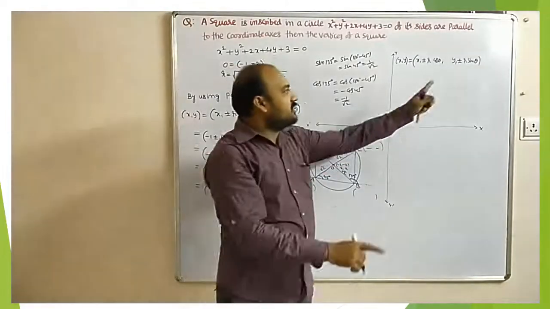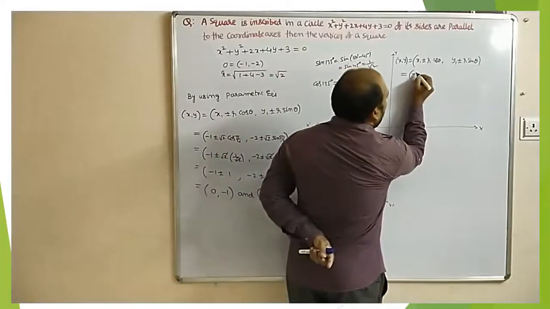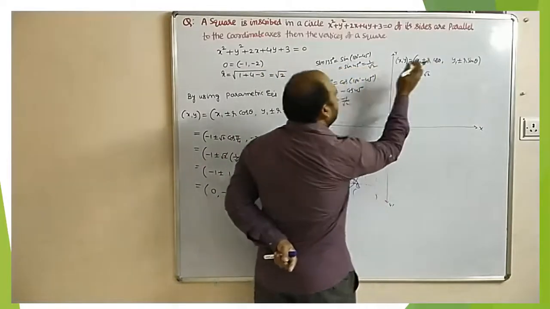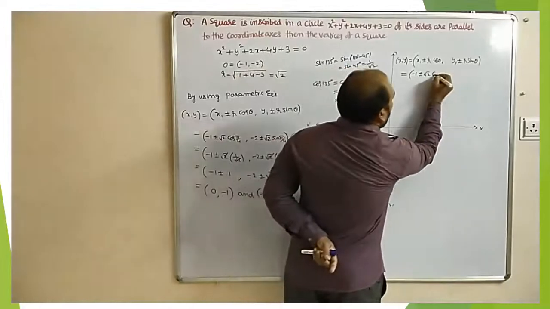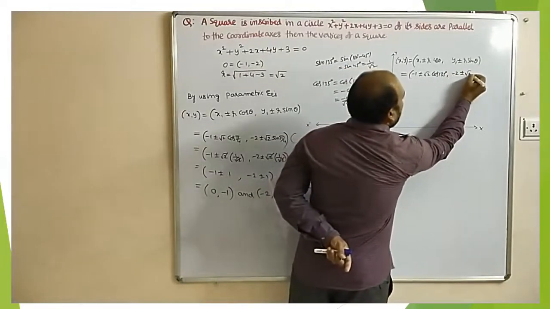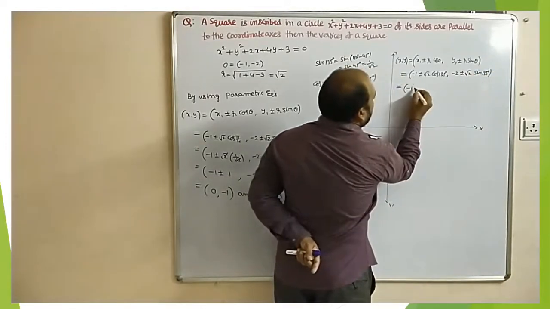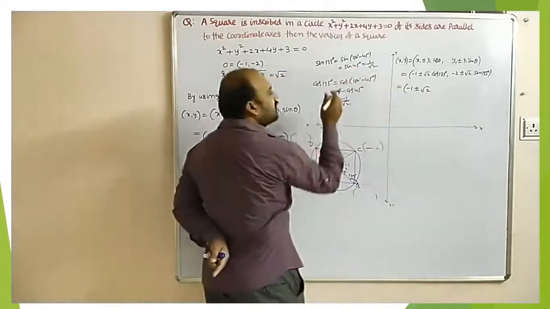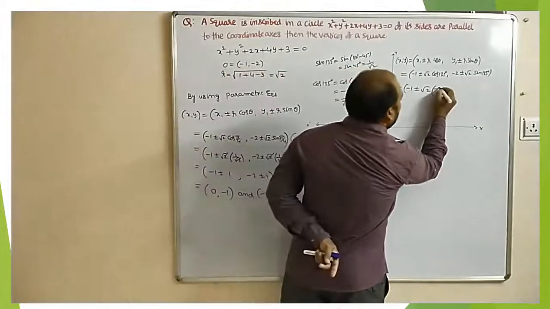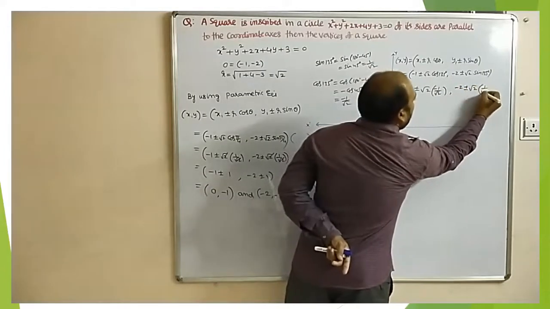So after that, you can apply these values in the parametric equations. x1 value is minus 1 plus or minus root 2 into minus 1 by root 2, cos 135 degrees, comma y1 value is minus 2 plus or minus root 2 into sine 135. Which is equal to minus 1 plus or minus root 2 into minus 1 by root 2, comma minus 2 plus or minus root 2 into 1 by root 2.